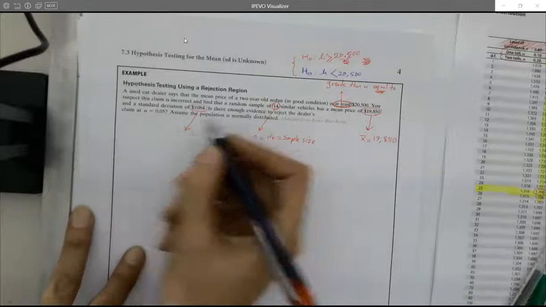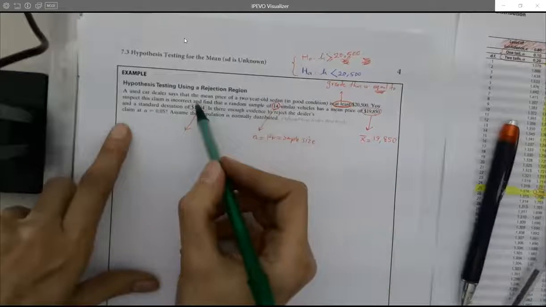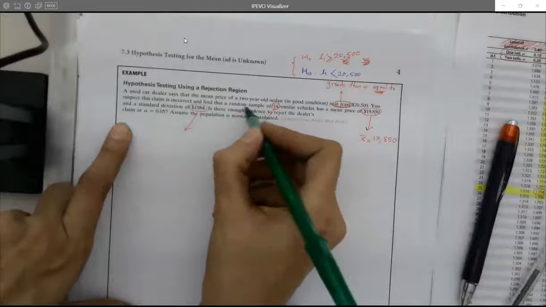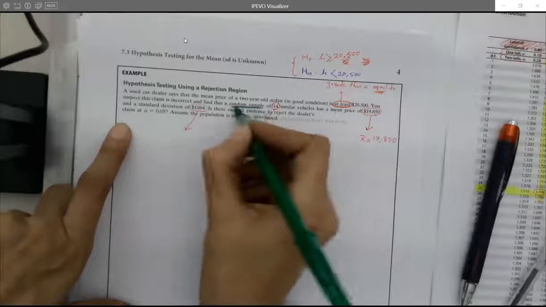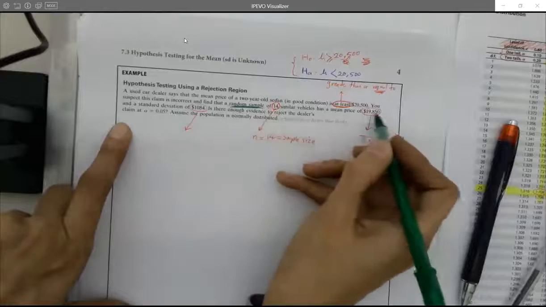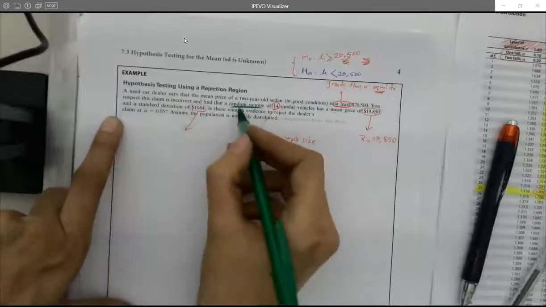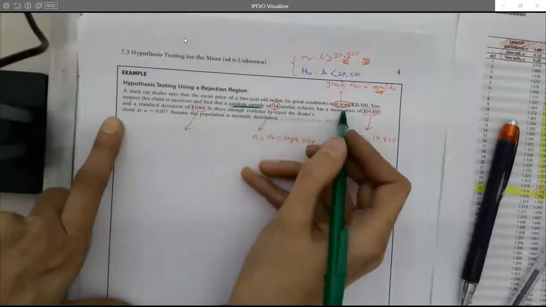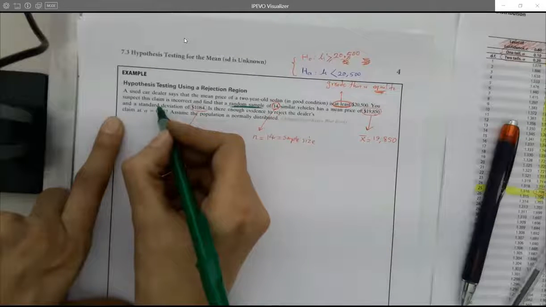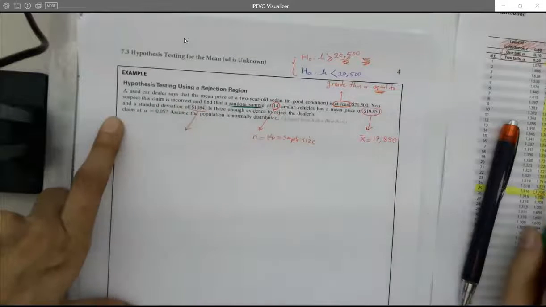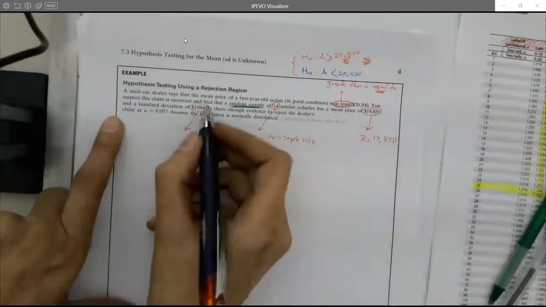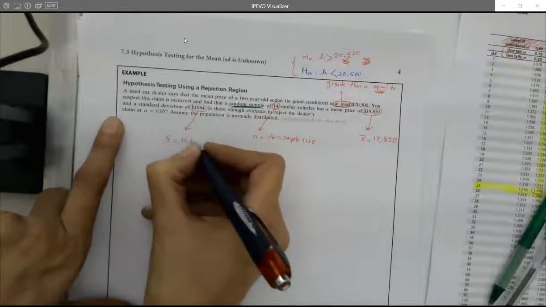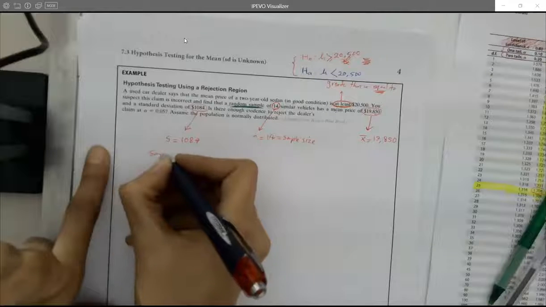Sigma is about the population. Read it one more time. It says, you find that a random sample. This information is coming from your sample. A random sample has a mean and standard deviation. So standard deviation 1,084 is your S, the sample standard deviation.